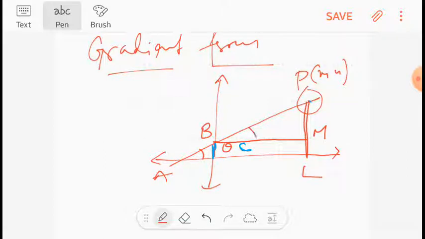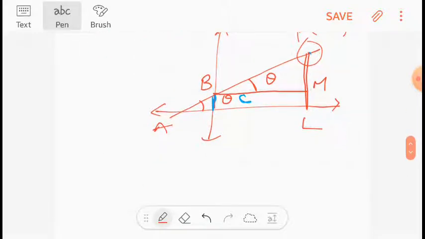Okay, so this angle is also theta, right? I think you don't have any doubt about this, that this angle is theta. Okay, so here you can see that we can write from the figure, that is BM equal to OL, right? This is O, this is OL.